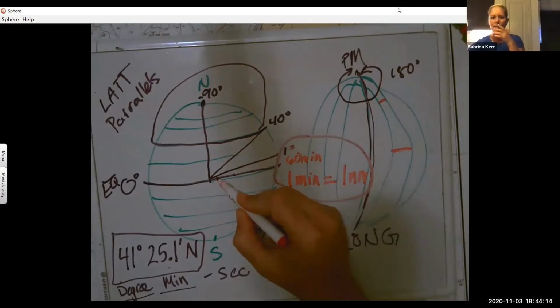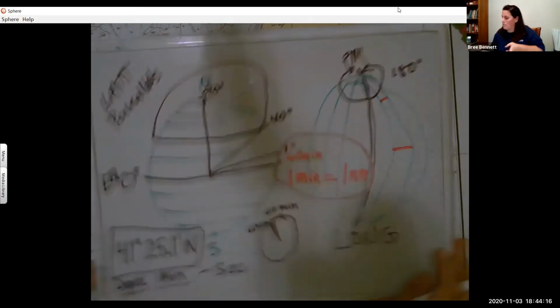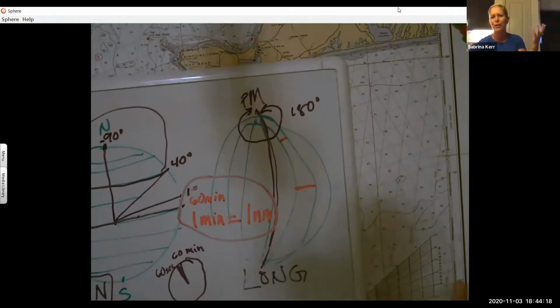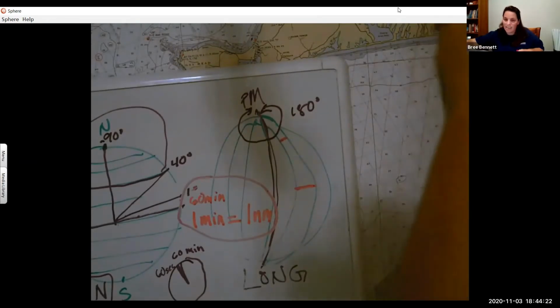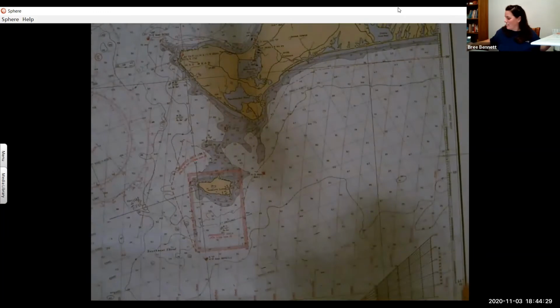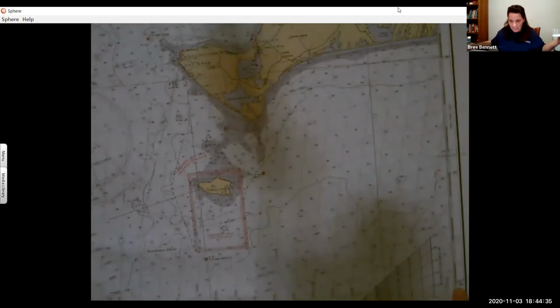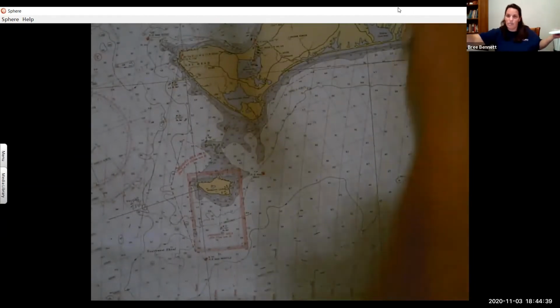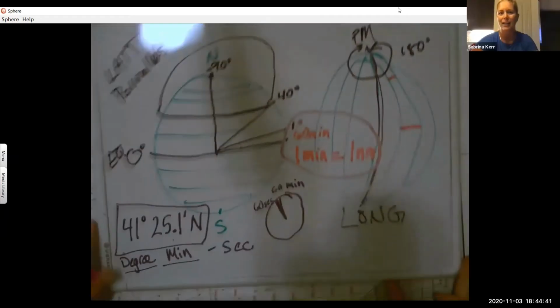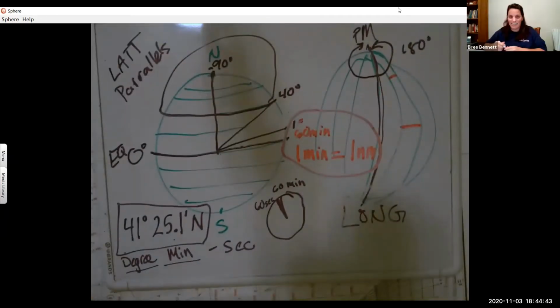No, I just made that number up because I was plotting on this chart, and this is 41.20, and I was plotting at 41.25. Okay. I don't know where she is getting that number. No, I don't know if you could see on the chart. It says 41 degrees, 10 minutes, and 20.25. Okay. I was doing something for my other class.